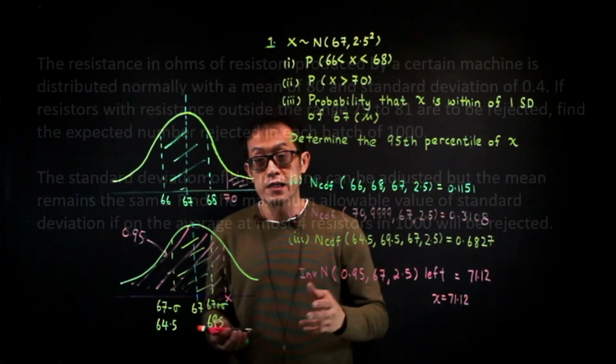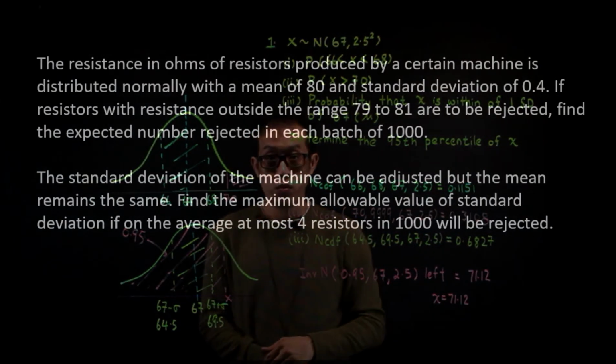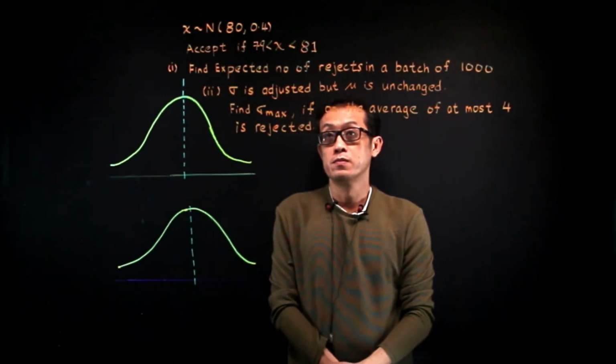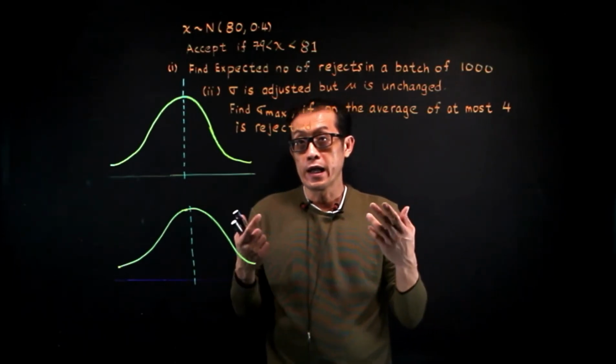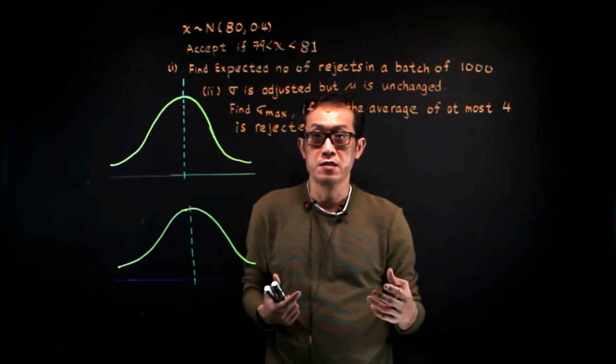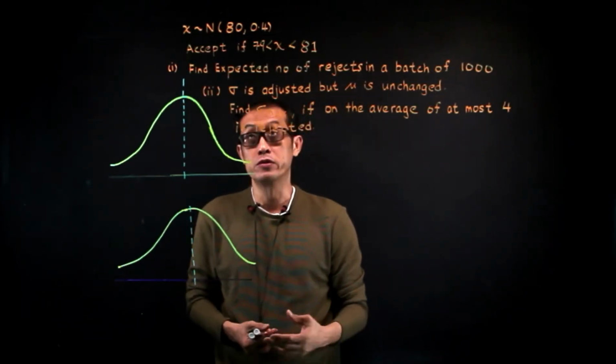Now with that, let's move on to question 2. Let X be the random variable that represents the resistance of resistors being produced.